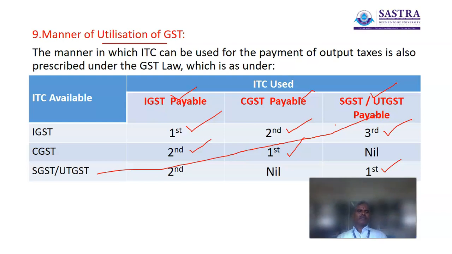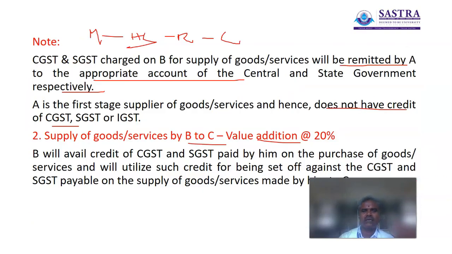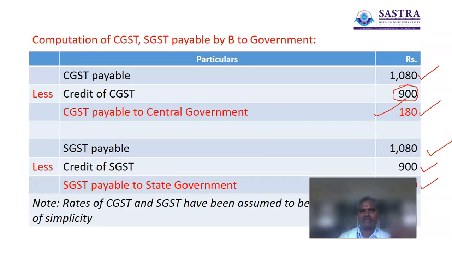But the ITC available for SGST or UTGST cannot be used to adjust CGST. This is what you have to keep in your mind. The same rule is applicable here, my dear. This is the way of set off or adjustment of input tax credit. Okay.